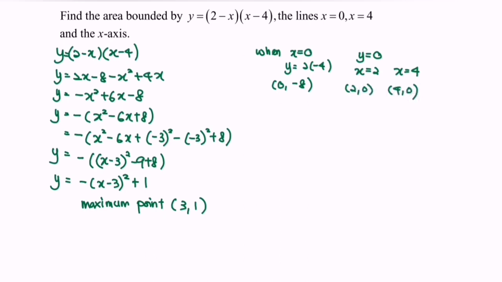So kindly refer to the situation and sketch the graph. So here we have the xy axis. Then I'm going to sketch the graph for the quadratic function. So where we will have the point, which is the y-intercept 0, negative 8. Then we will have 2, 0 and 4, 0.